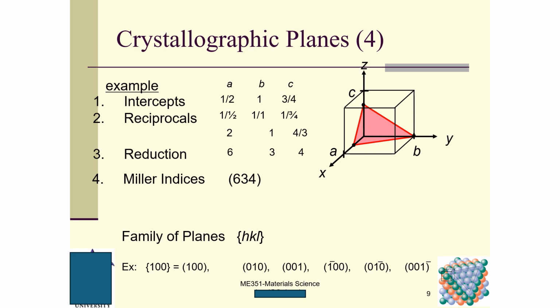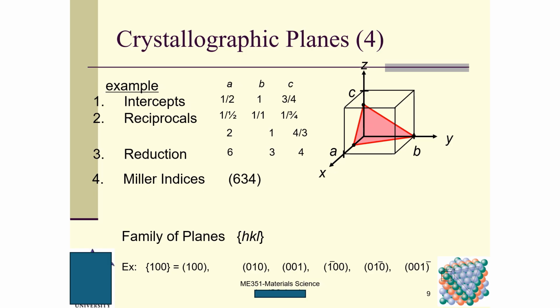So, family of planes, keep in mind, for a family of planes we use braces. For a family of directions, what do we use? We use this, a square bracket. And remember this one, okay?